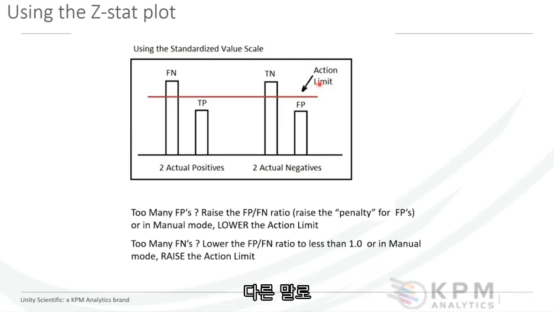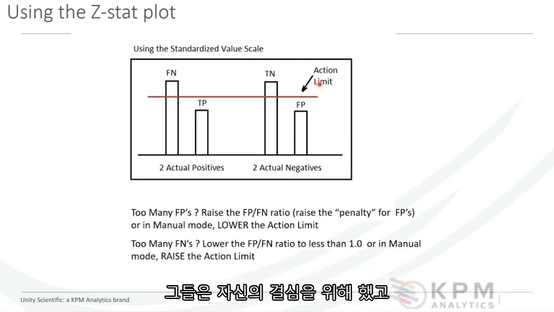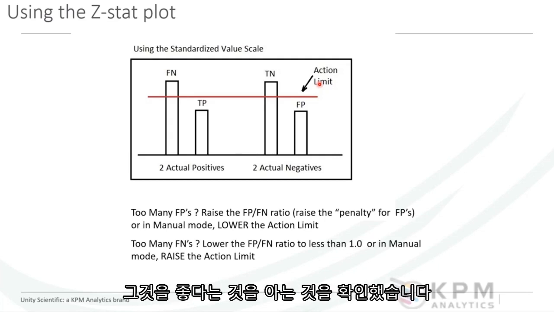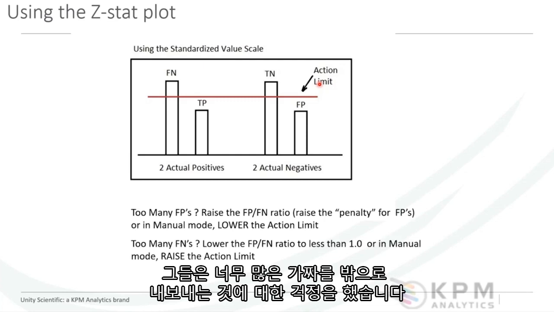In other words, do they want to skew their system to be overly sensitive and possibly get a couple of false positives that they go in and do a further determination on and find out, no, that sample's fine? Or are they worried about getting too many false flags out there?